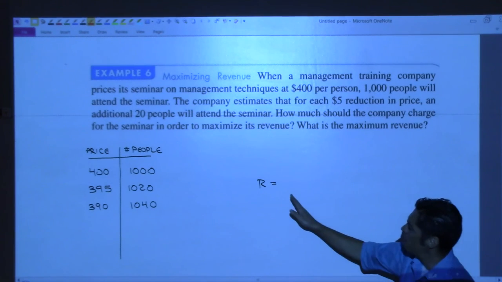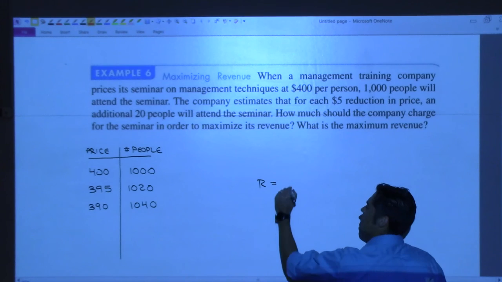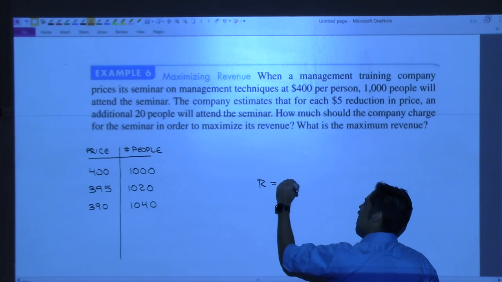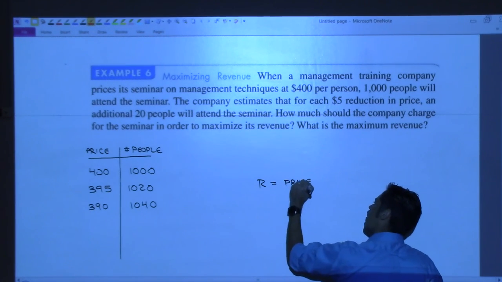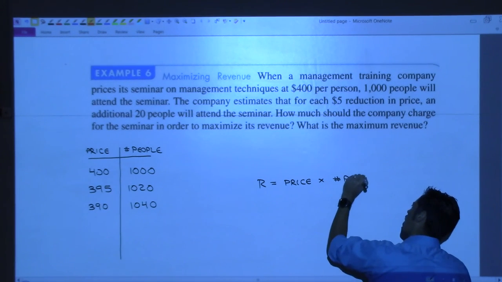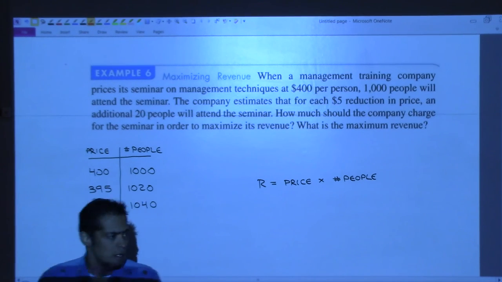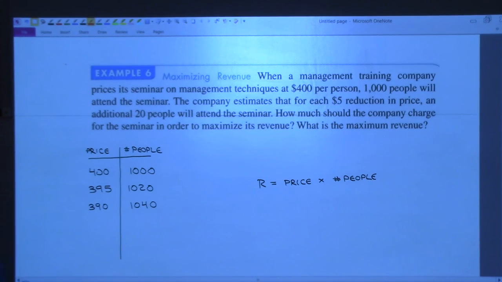So in terms of words instead of numbers, the revenue is going to be the price we charge times the number of people. Y'all agree with me on that? The revenue will be how much we charge per person times the number of people.